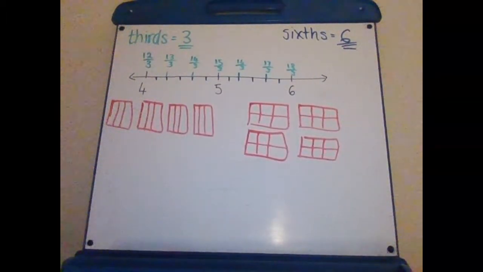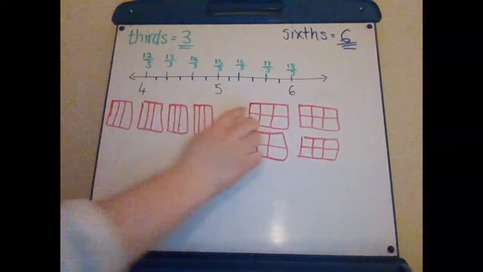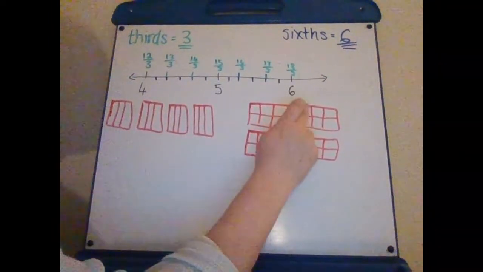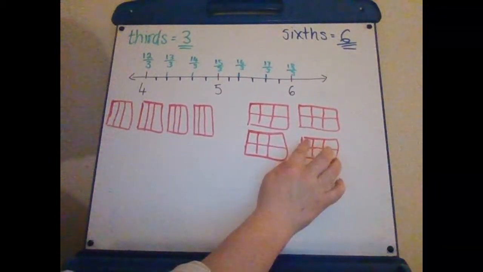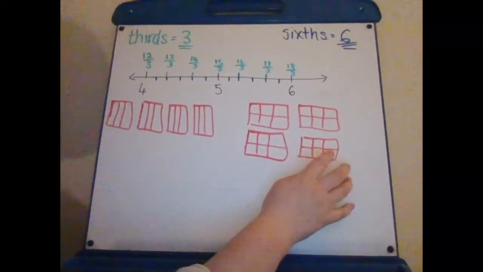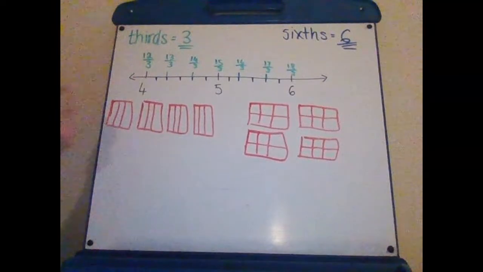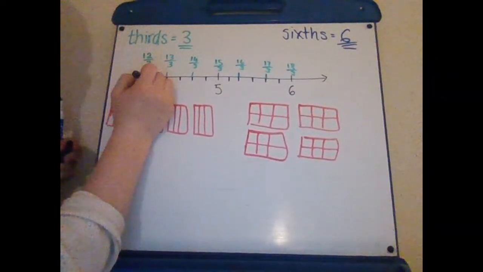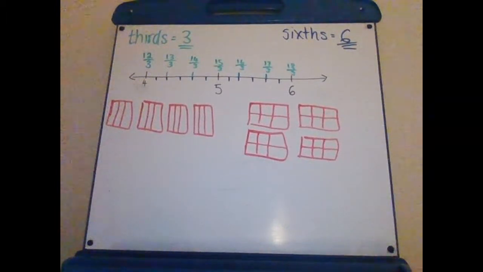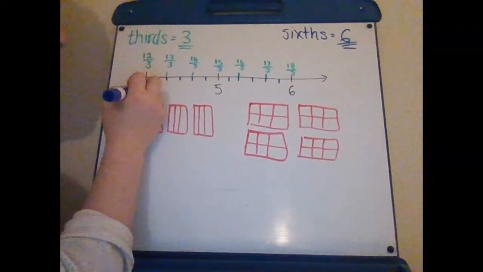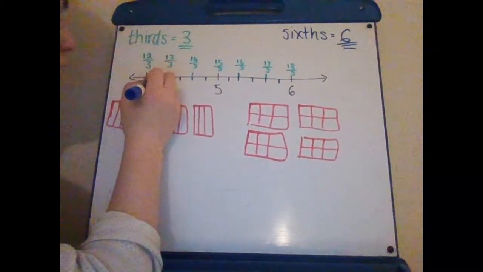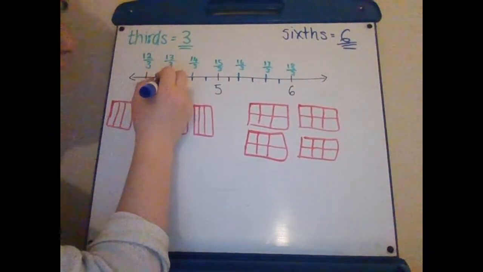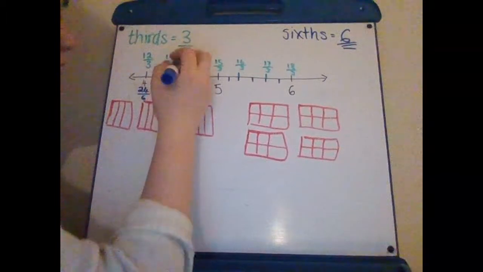Okay, let's count up all the parts. 1, 2, 3, 4, 5, 6, 7, 8, 9, 10, 11, 12, 13, 14, 15, 16, 17, 18, 19, 20, 21, 22, 23, 24. Okay, in four wholes, I have 24 sixths. Okay, 24 sixths, 25 sixths.